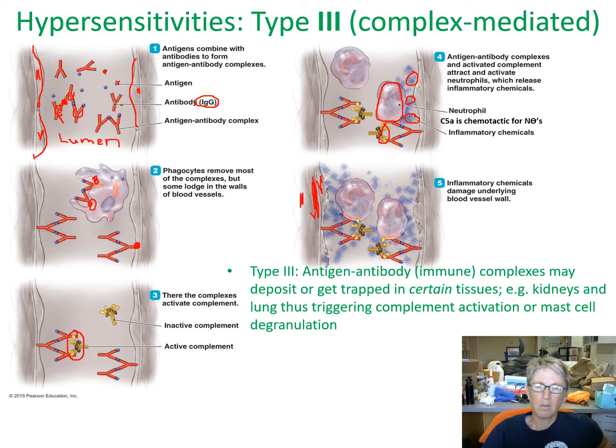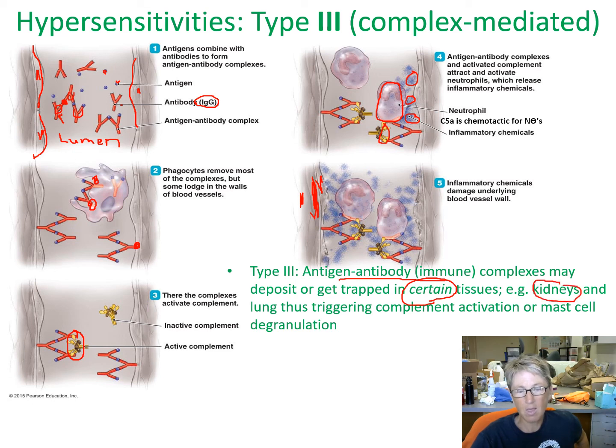And then the inflammatory chemicals can get into the tissue underlying the blood vessels. So let's take a look at our green dot. Type 3 antigen antibody complexes may deposit or get trapped in certain tissues. So for some reason, these antigen antibody complexes tend to get trapped in blood vessels and tissues of the kidneys and your lungs.